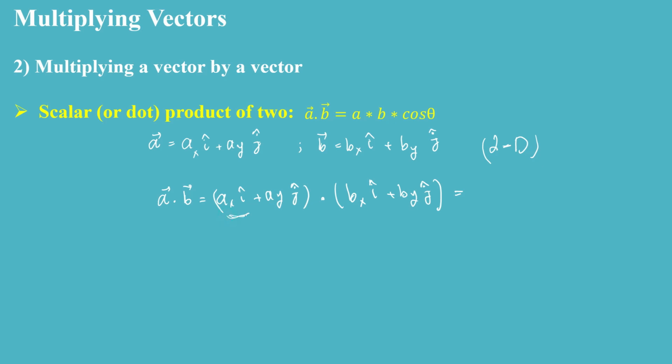So what I mean is, ax can only be multiplied by bx, and ay can only be multiplied by by. So let me write it down. It's going to be ax times bx in the x direction or i, and then it's going to be ay times by in the j direction or y axis.